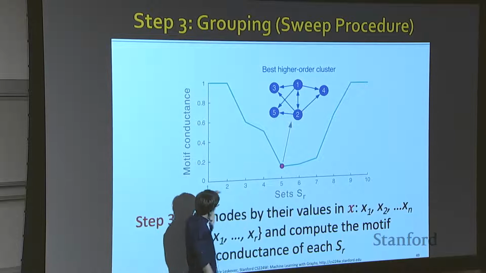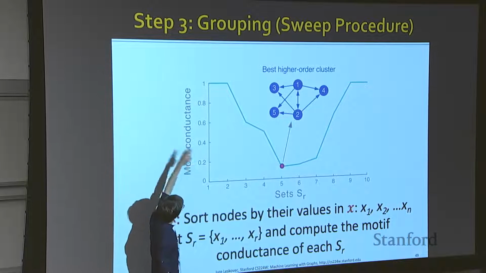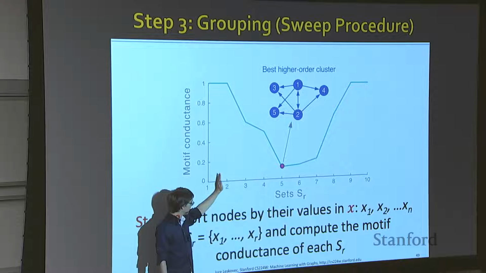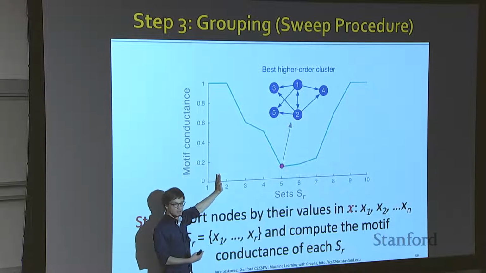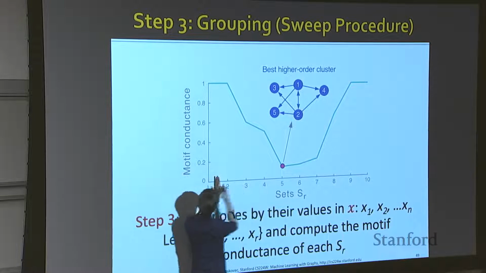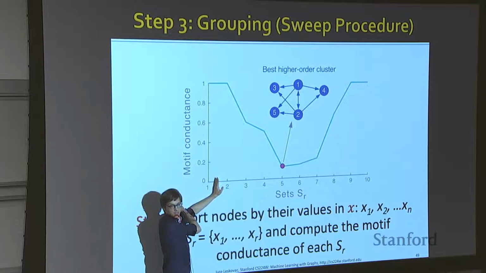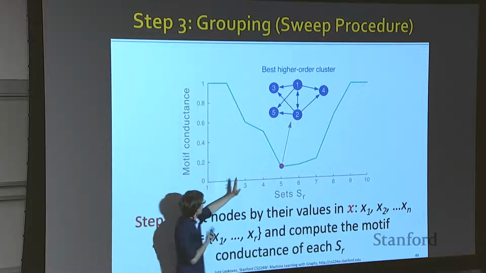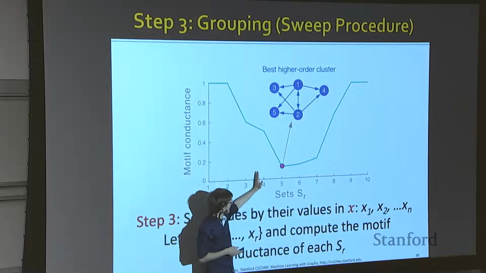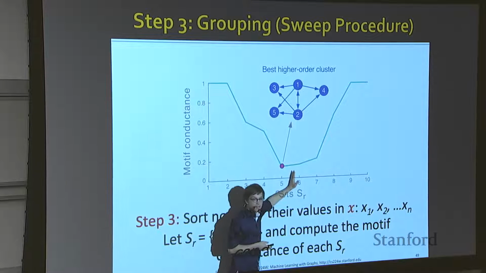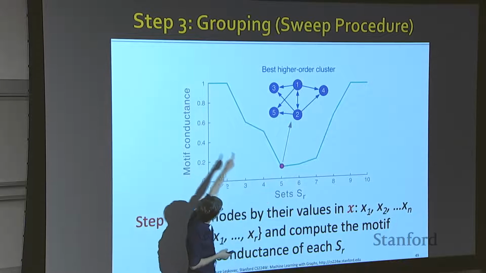And then what this is trying to show is, what is the motif conductance if I only take the first node and say, this is the cut, this is the rest of the network, and this is the left-hand side of the network. Or if I take the first two, or the first three, the first 4, 5, and so on.